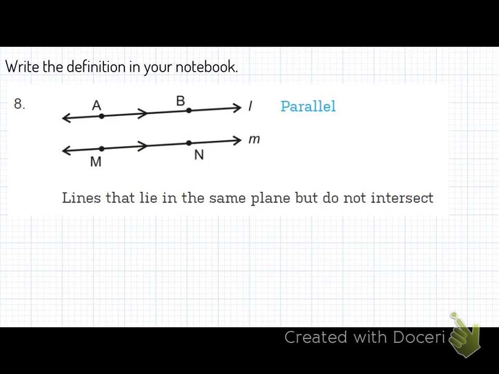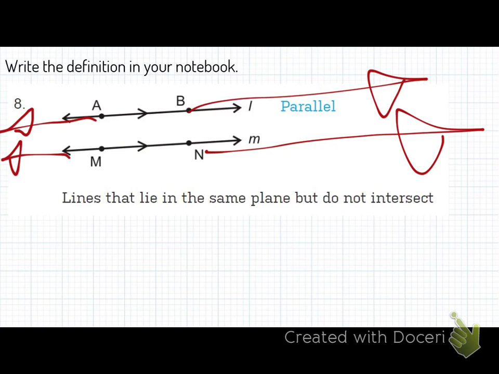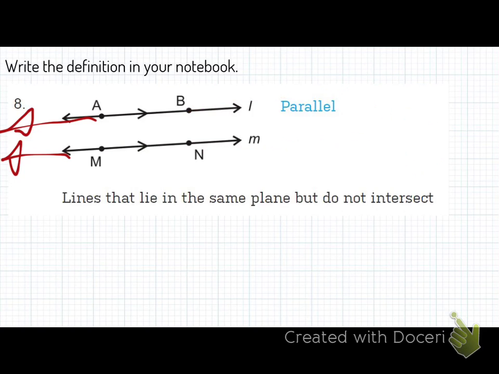But parallel means lines that lie in the same plane but do not intersect. They're going to go on forever in each direction, but they're not going to intersect, like train tracks, okay? They are perfectly straight. They will never cross or turn. These are called parallel lines.